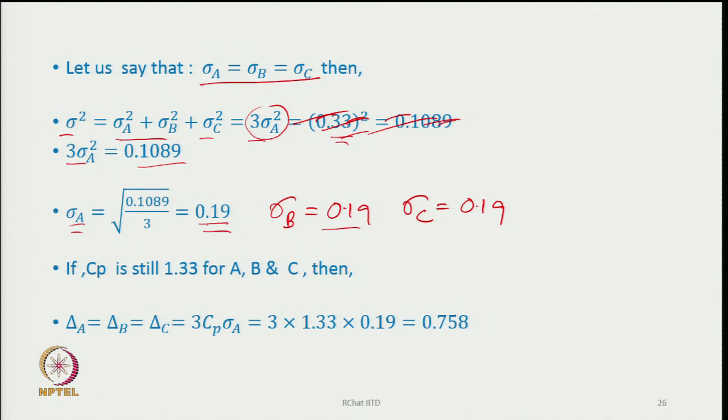If the Cp is still 1.33 for A, B and C, then delta A, delta B, delta C is 3 Cp sigma A, that is 3 into 1.33 into 0.19, that is 0.758. So, these are the tolerances for A, B and C. One is the tolerance, the other one is the standard deviations.